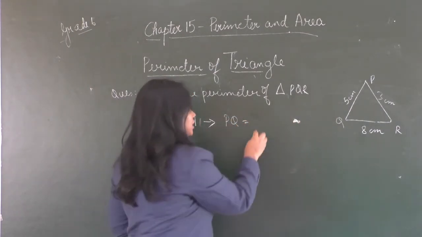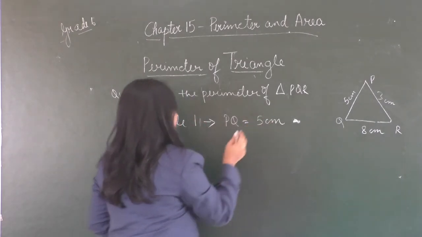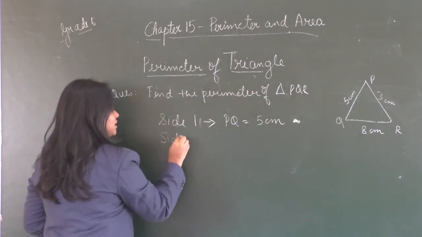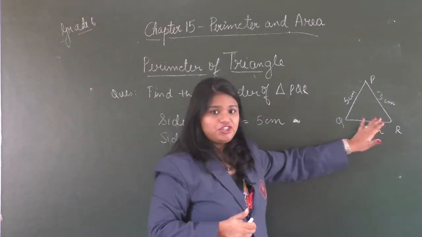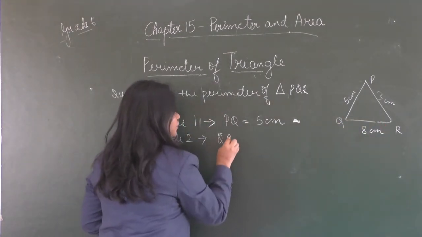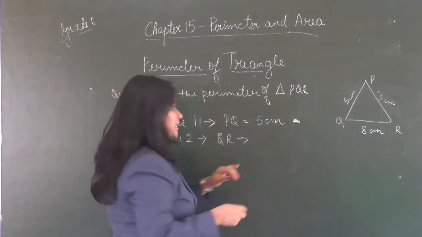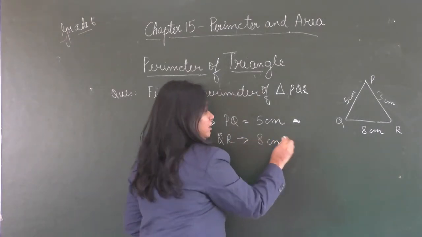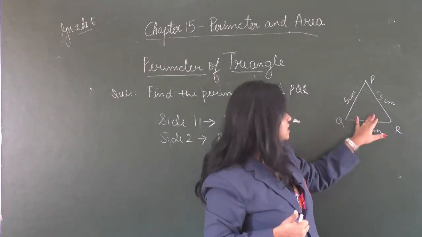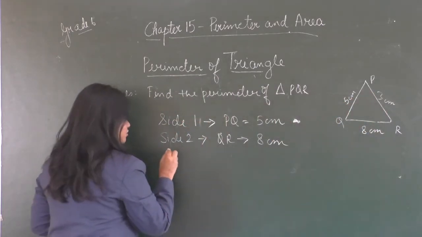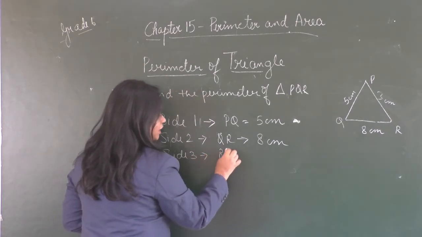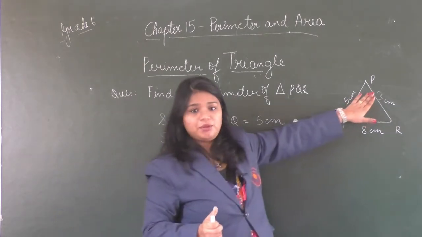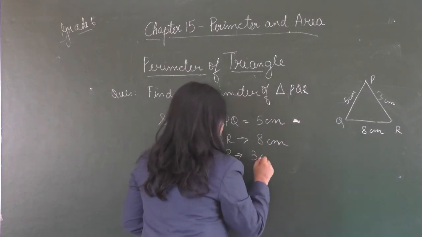It is 5 centimeter. Next we will write side 2. Let's consider the second side as QR. And QR is equal to 8 centimeter. Next we have the third side as RP or PR. So I will write side 3 as RP and the measurement for RP is 3 centimeter.